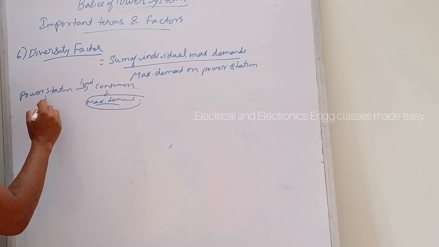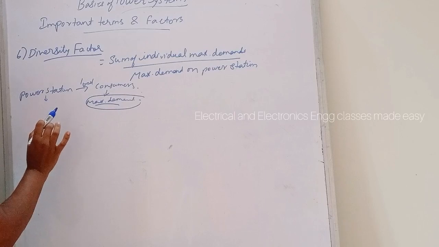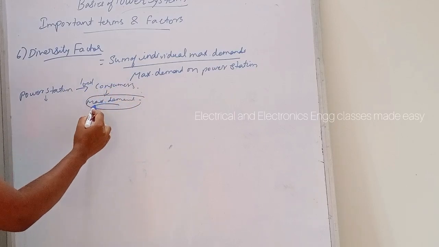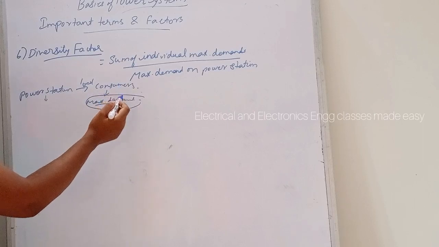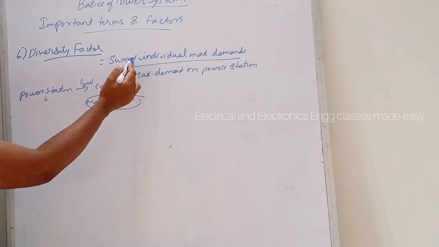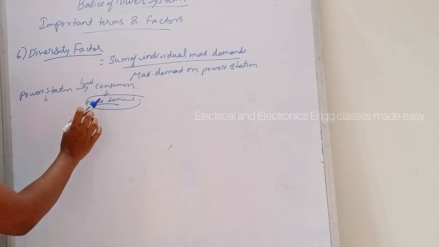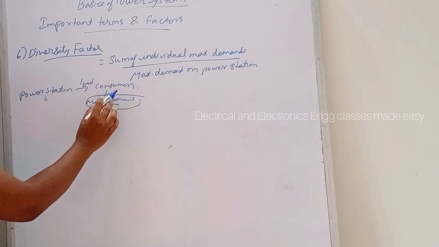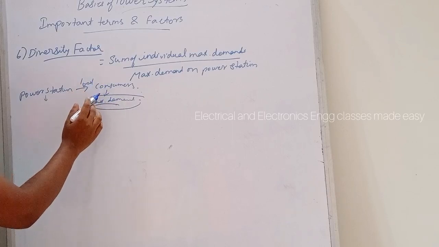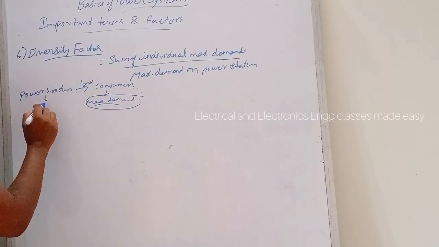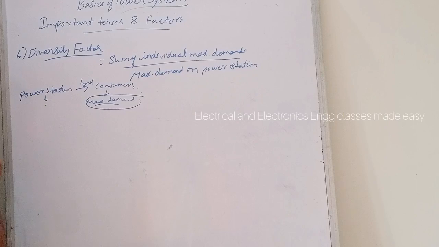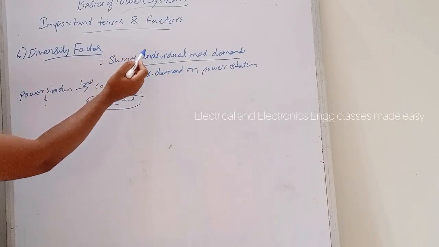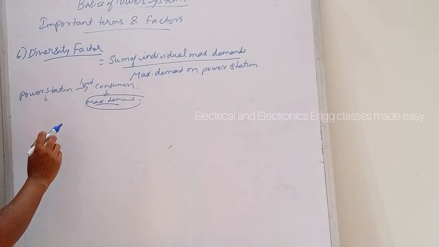So, the power station has a maximum demand, and also the different consumers have maximum demands, and the sum of individual maximum demands, that is the sum of the maximum demands of the consumers, is always greater than the maximum demand on the power station. So this numerator is greater than the denominator.